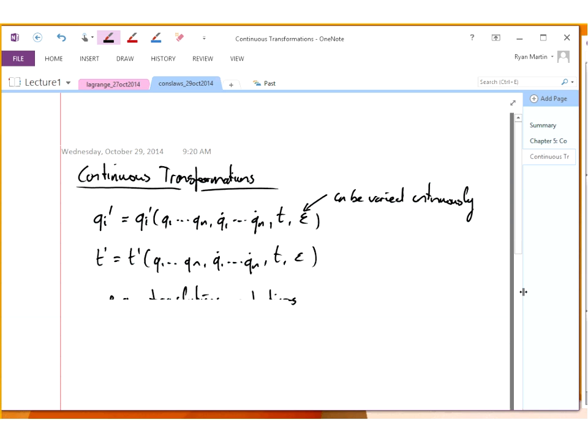So a continuous transformation, like I said, can be broken up into a series of infinitesimal transformations.